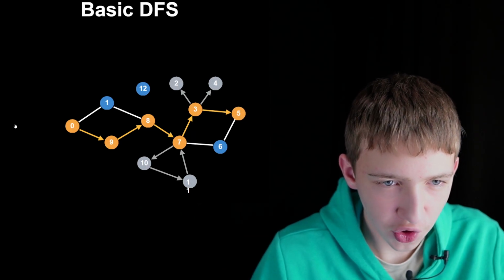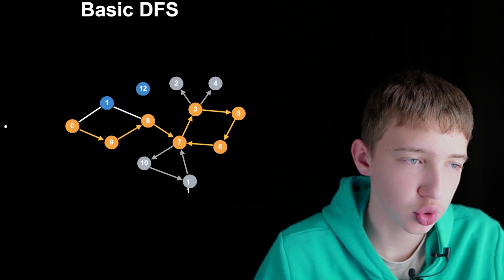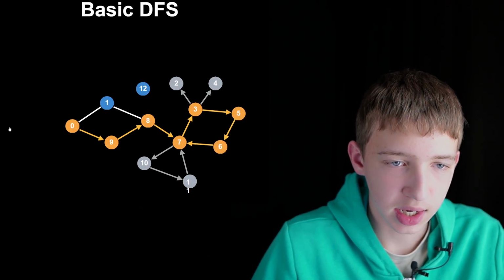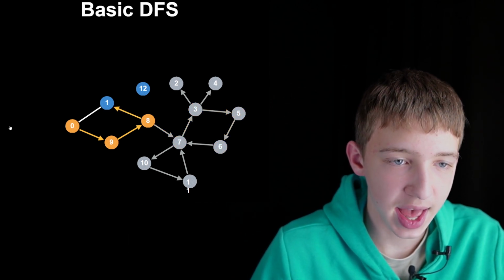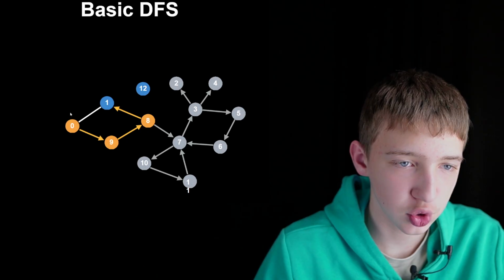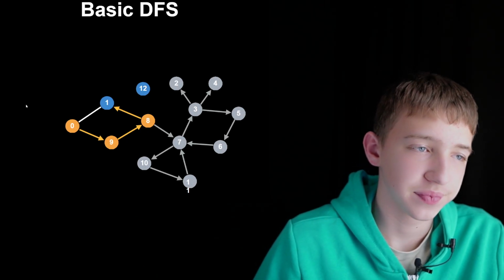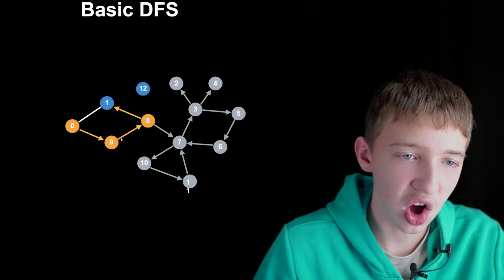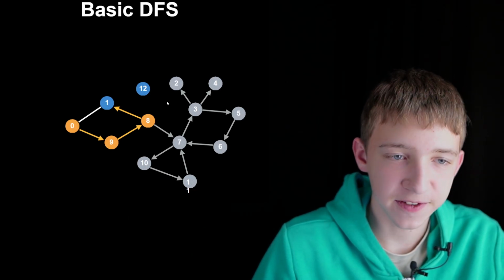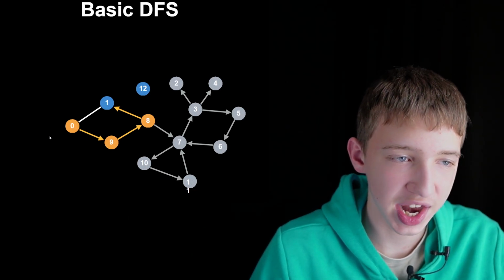Now we're going to 5, 6. We cannot go to 7 once more. So we're backtracking 6, 5, 3, 7, and 8. Now we are back at 8. There is another neighbor of 8 that has not been visited previously, that is 1.